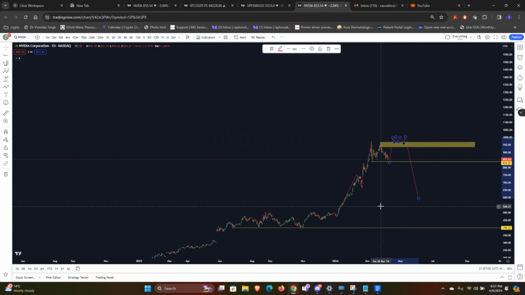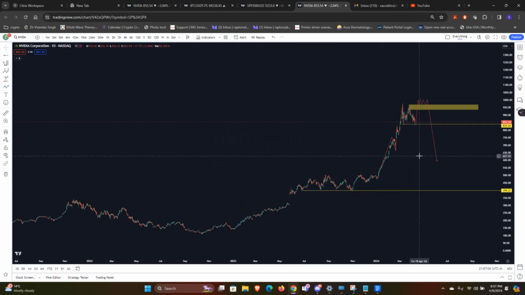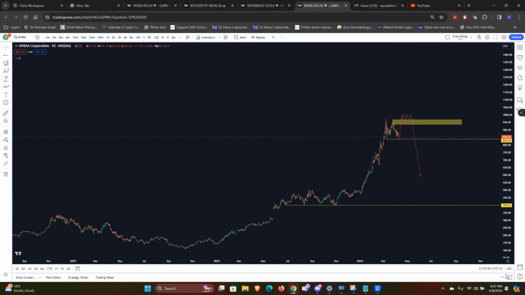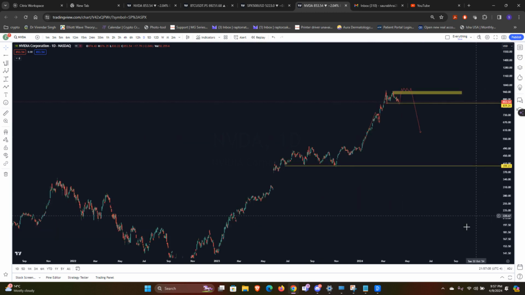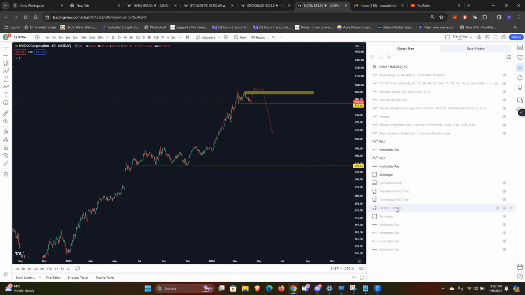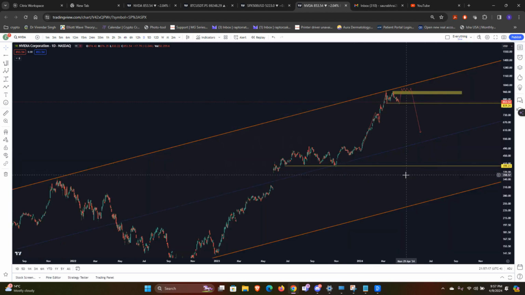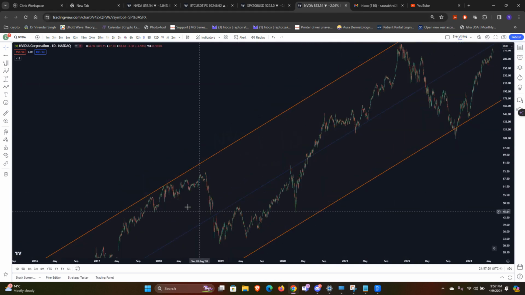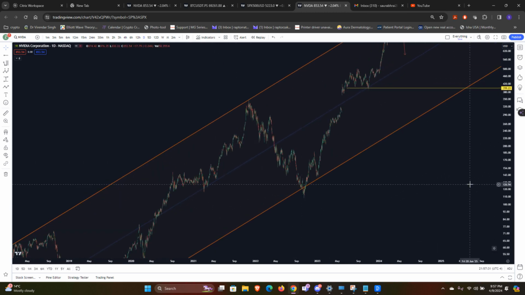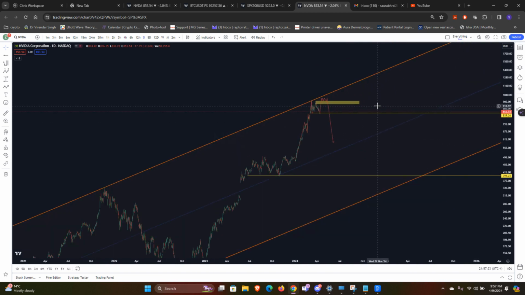So if we go back to logarithmic view and put this parallel channel back here, okay, see, once we hit this, we hovered around this zone for some time before we pulled this move down. So it's possible that it can repeat over here. Similarly, we just do up and down for some time before moving down.